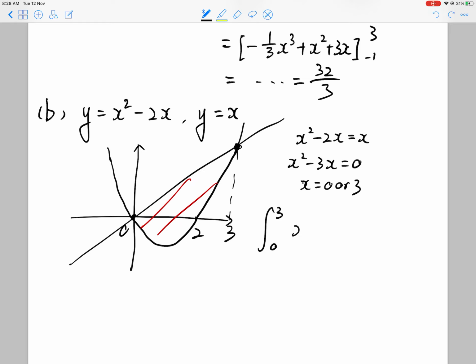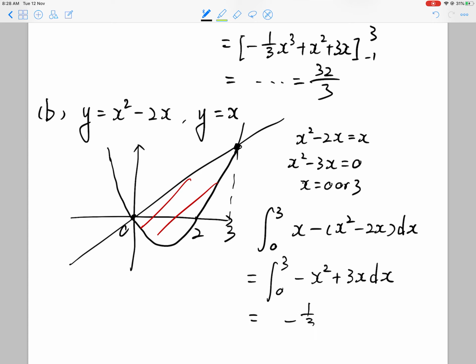The higher curve is x, minus the lower curve, x squared minus 2x. So the answer is 9 over 2.